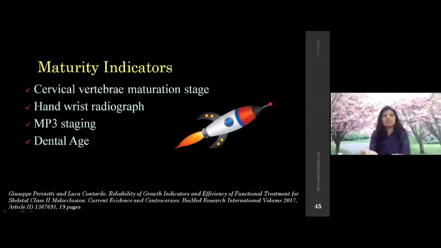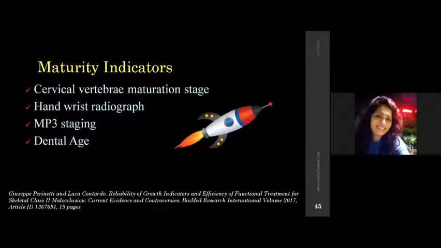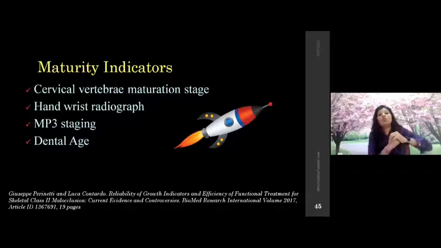Dental age, as I told you, you take the mandibular canine calcification. In the MP3 stage, you take the middle phalanx of the middle finger. In this case, the metaphysis and diaphysis are to be equal. If they are equal in size, then you tend to have more growth, that is, the pubertal growth spurt is there in them.